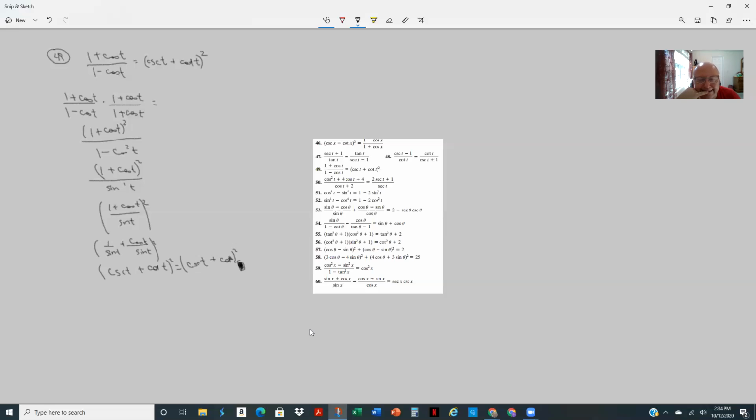Okay. So, all right. Now, 53 looks really, really ugly. I don't think it's that bad. It looks terrible: sine of theta minus the cosine of theta divided by the sine of theta, plus the cosine of theta minus the sine of theta, and then that's all over the cosine of theta.